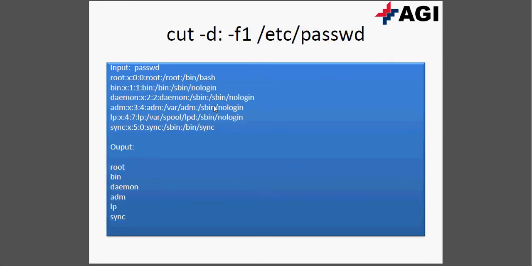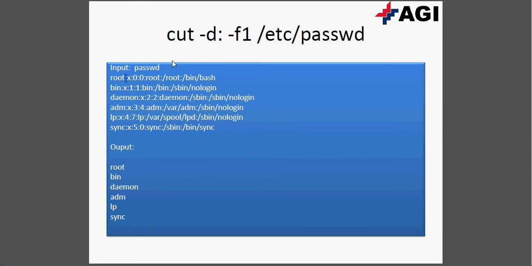And I can also use cut with the option -d, which recognizes the delimiters in the file. Here the delimiter in this example is colon in the input file password. Every field here is delimited by the character colon.